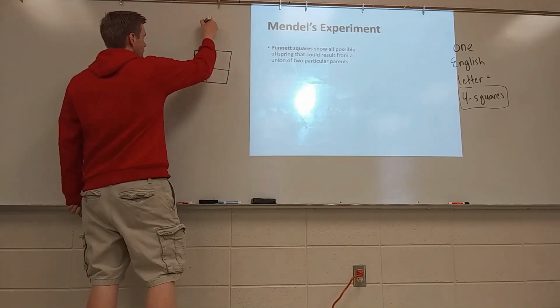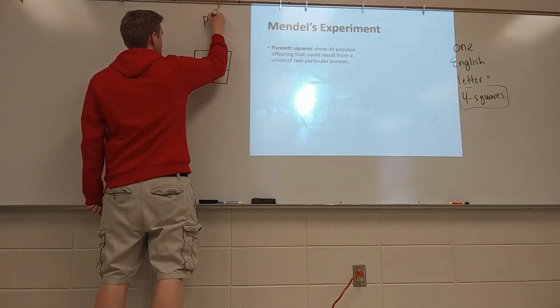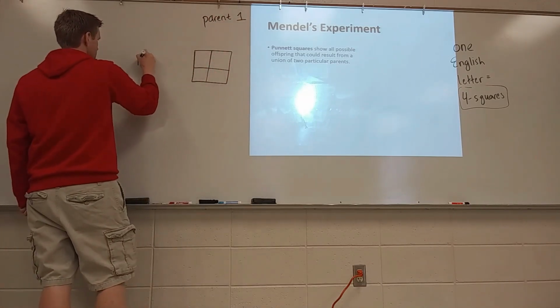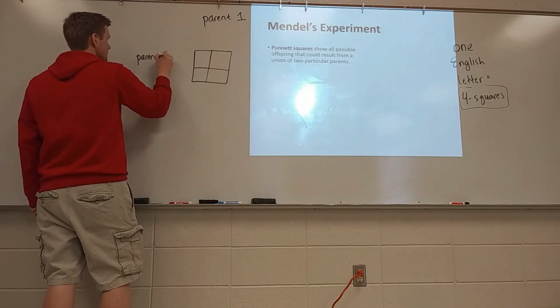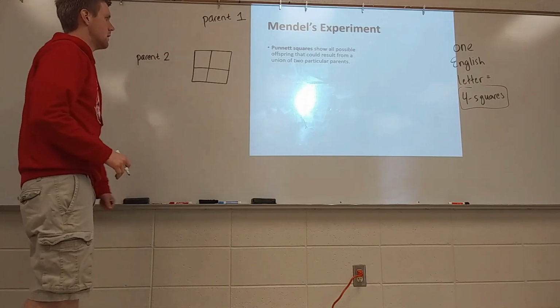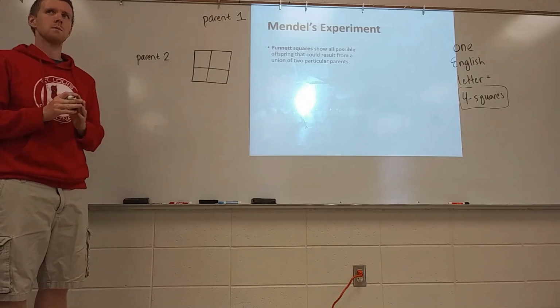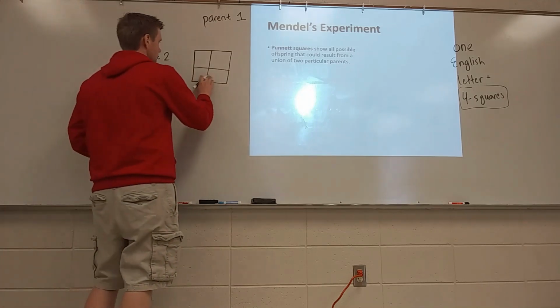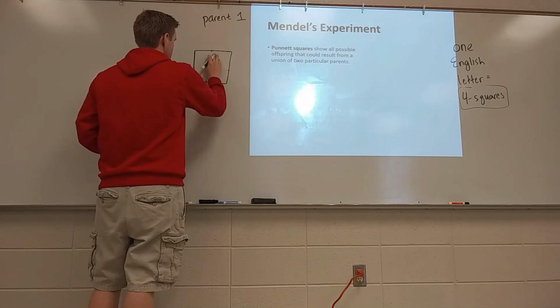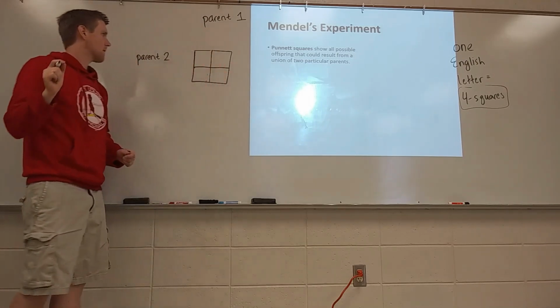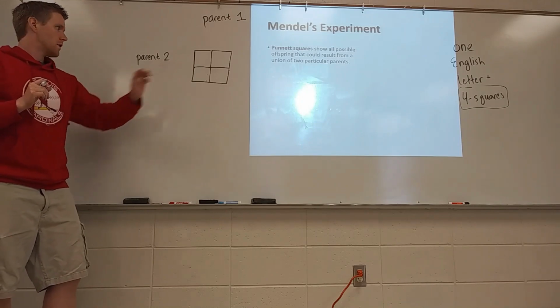So 2 parents, when you're making a Punnett square, go above and to the left of the Punnett squares themselves. So these are the possible offspring.